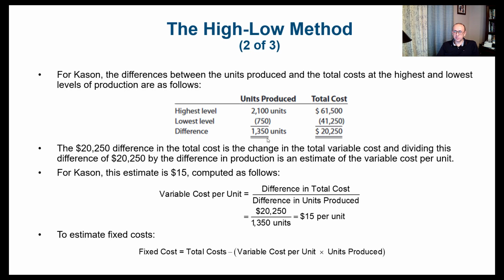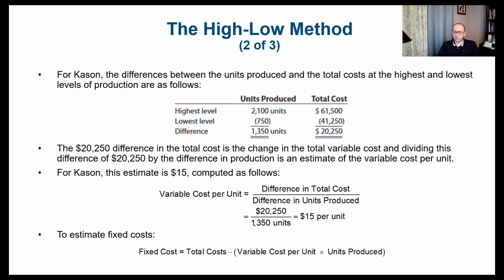And we got the difference here, 1,350 in number of units and 20,250 in terms of total cost. So the 20,250 difference in the total cost is the change in the total variable cost, and dividing this difference by the difference in production is an estimate of the variable cost per unit.